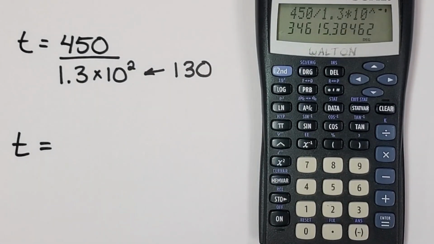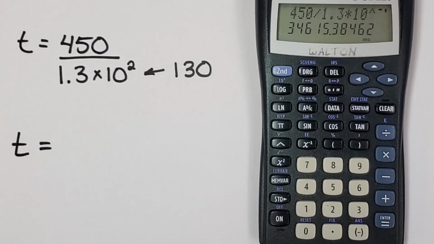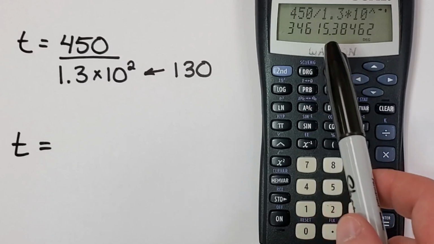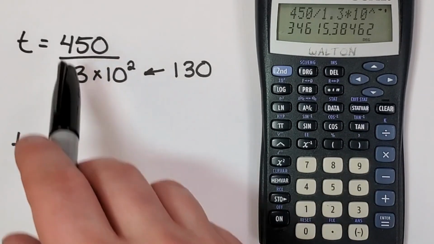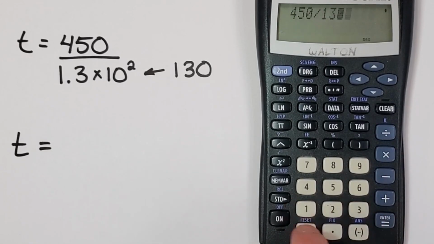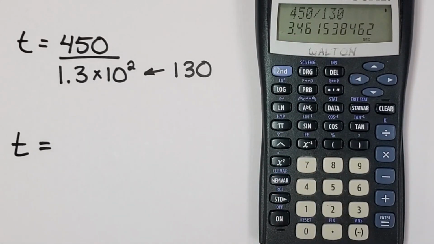If I use the 1.3 times 10 arrow up button, I get a value of 34,615. But when I take 450 divided by 130, I should get 3.46. So something's wrong here.